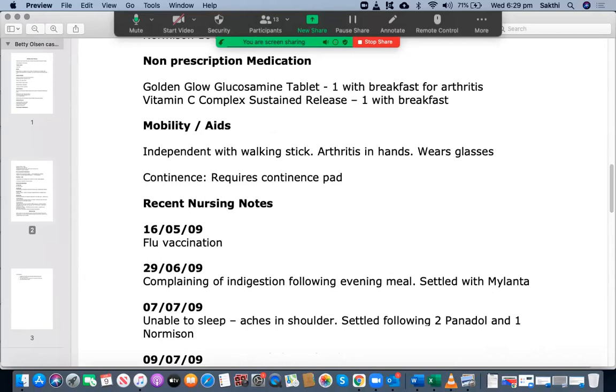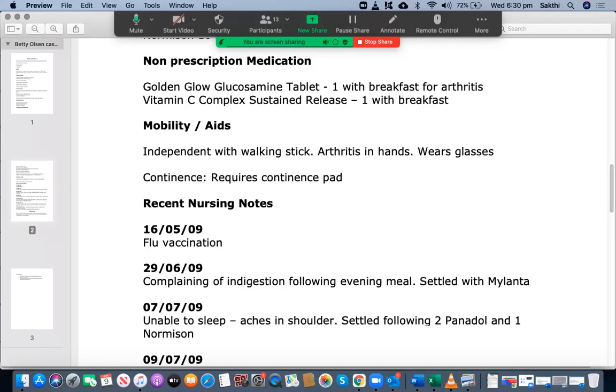Independent with walking stick, arthritis in hands, wears glasses, continence, requires continence pad. Mobility aids. You are going to the doctor for urgent admission, but you should mention this one, isn't it?